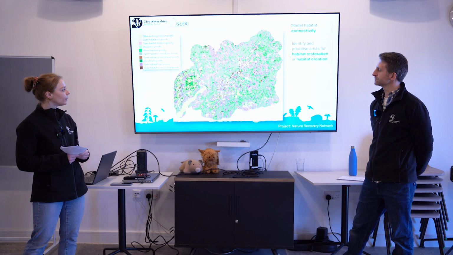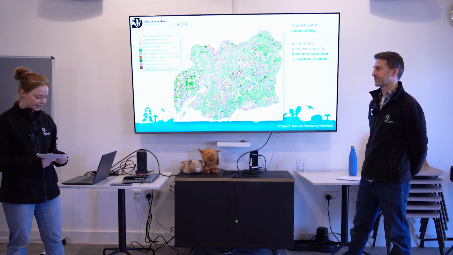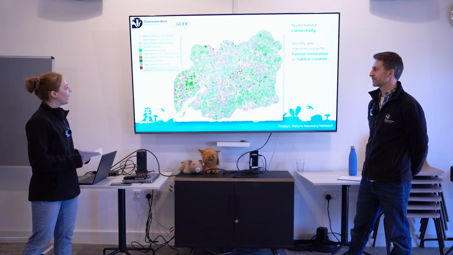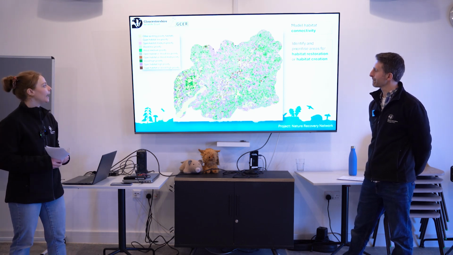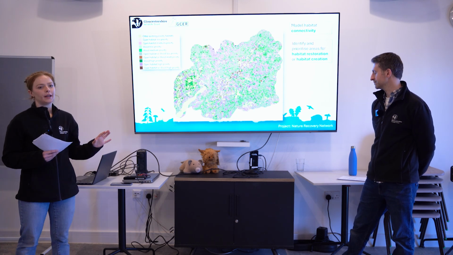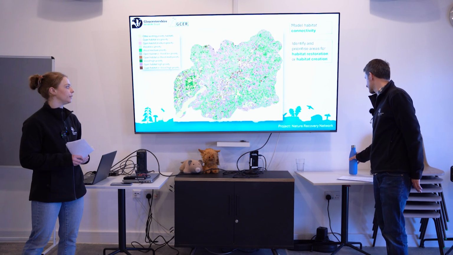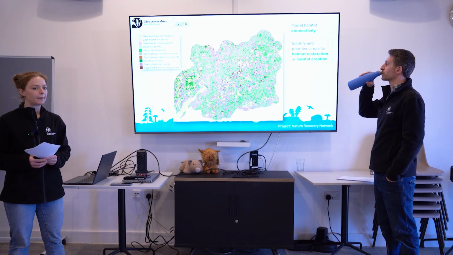And we combine all of these layers, run it through a whole heap of processes using GIS to map where our existing priority habitats are, or our core habitats, and be able to assess how connected they are to each other. So the yellowy colours are the sort of existing priority or core habitats.